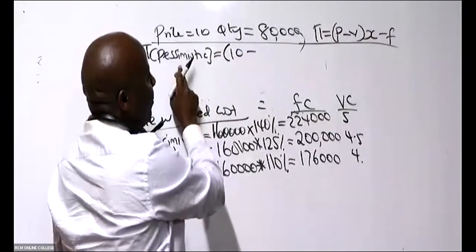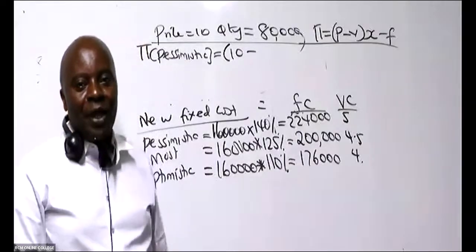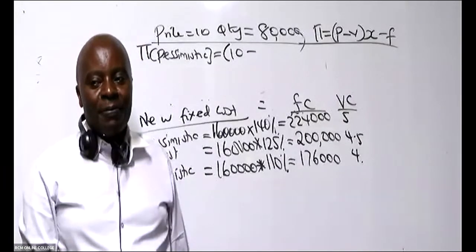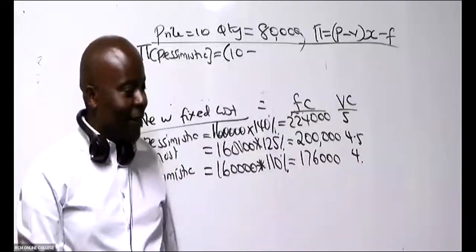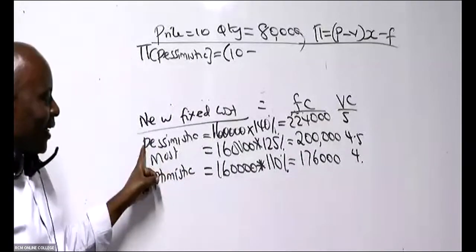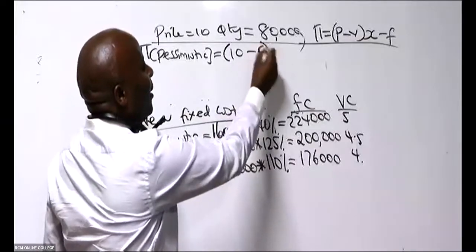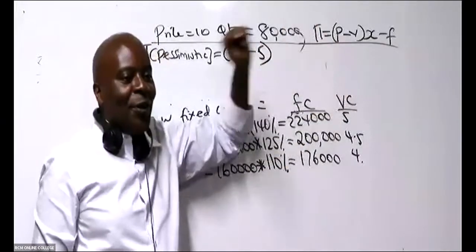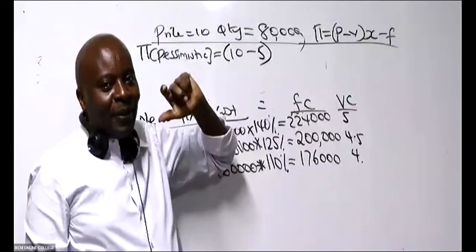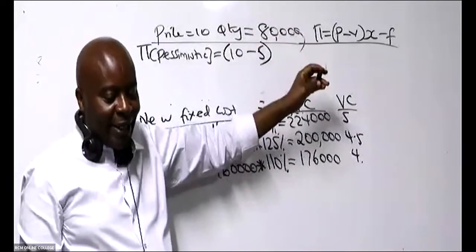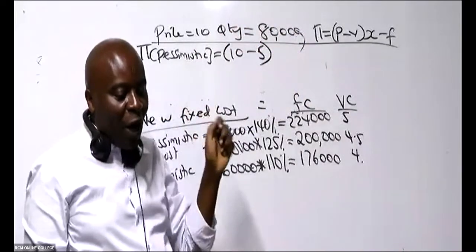If the pessimistic environment prevails, what will be the variable cost? Pessimistic is here: 5. Multiplied by our quantity, following that equation for profit planning. So the quantity will be how many units throughout?